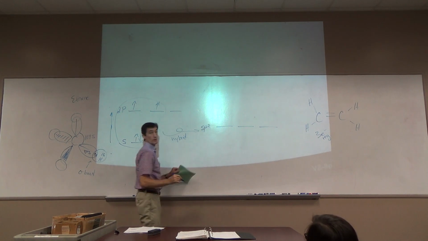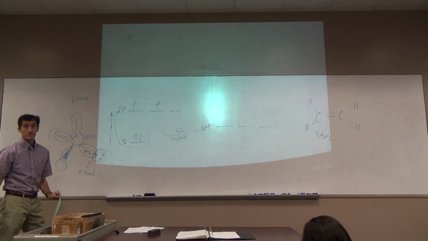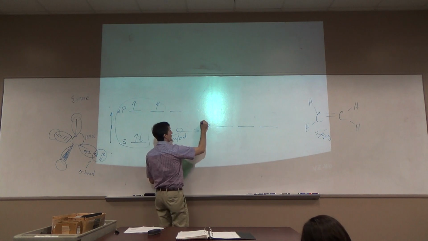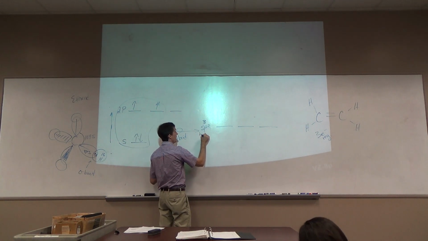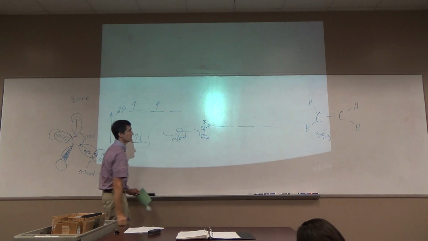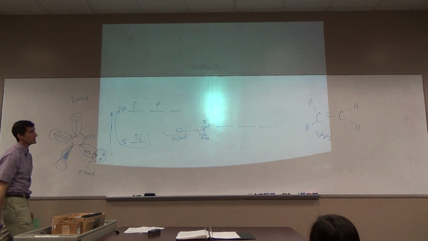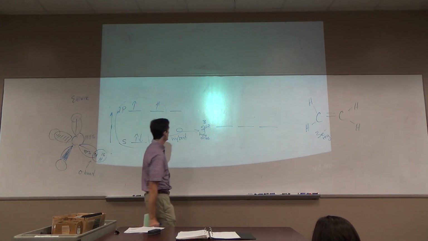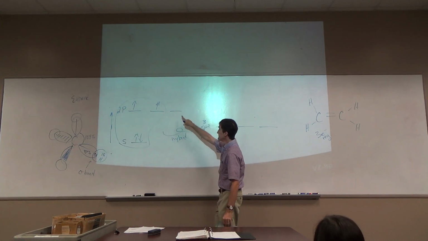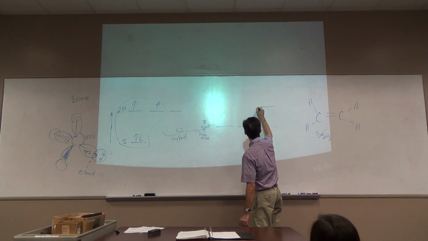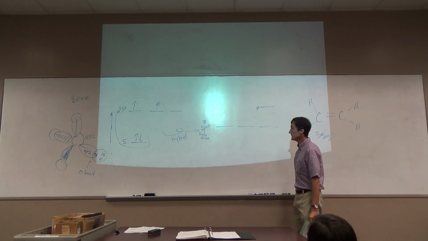It just, what went in to make them? 1 s and 2 p's. 3 sp2 hybrid orbitals. What do we not put in the blender that's left over? Yes, it's there. Okay? It's there.